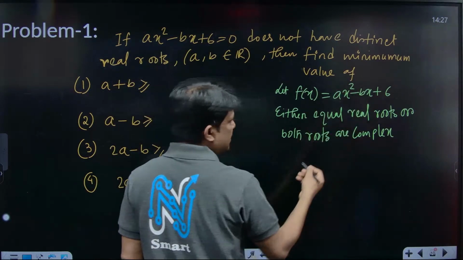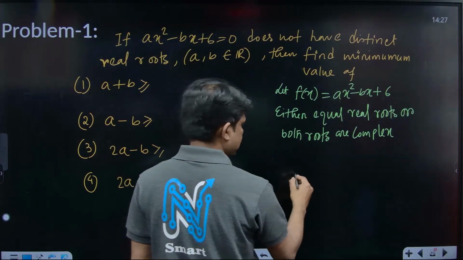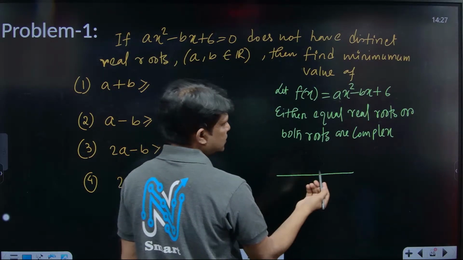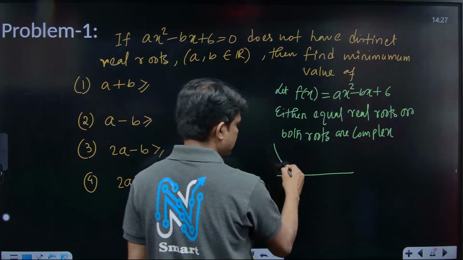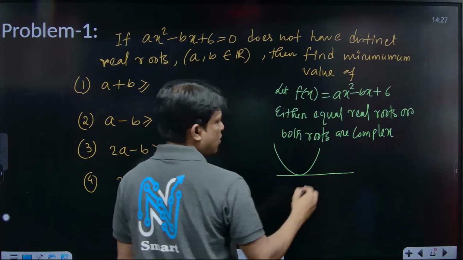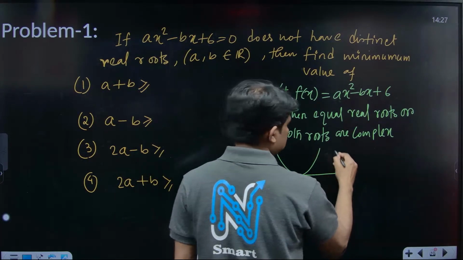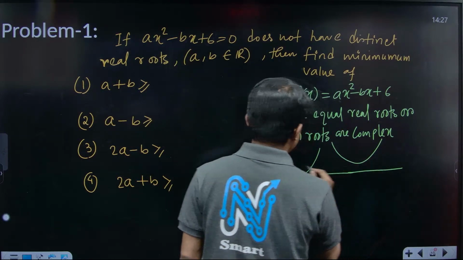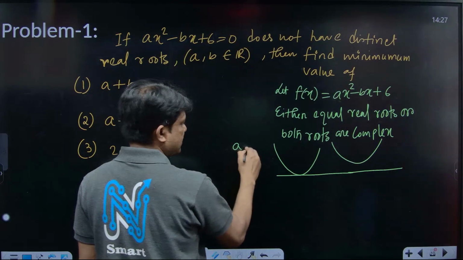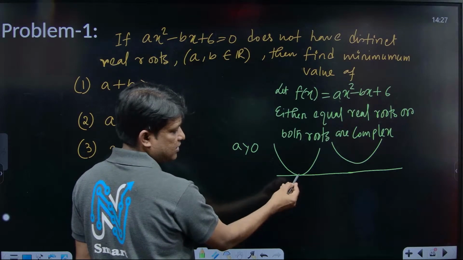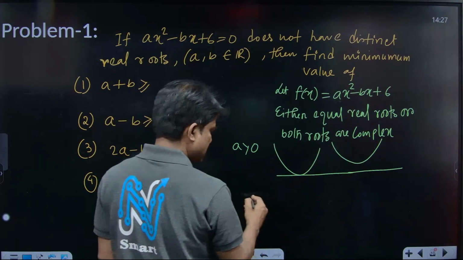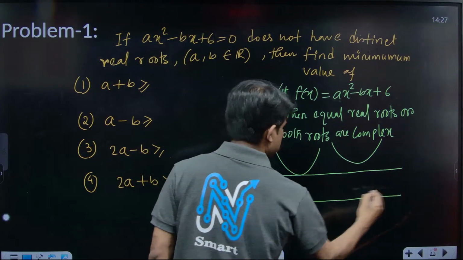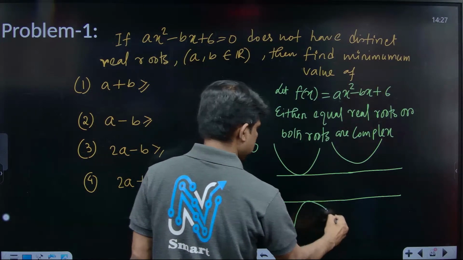So the f(x) expression is either this case, both roots are equal real roots, or complex roots. When a is positive, it is an upward parabola that either touches the x axis or is above the x axis. When a is less than 0, it either touches the x axis or is below the x axis.